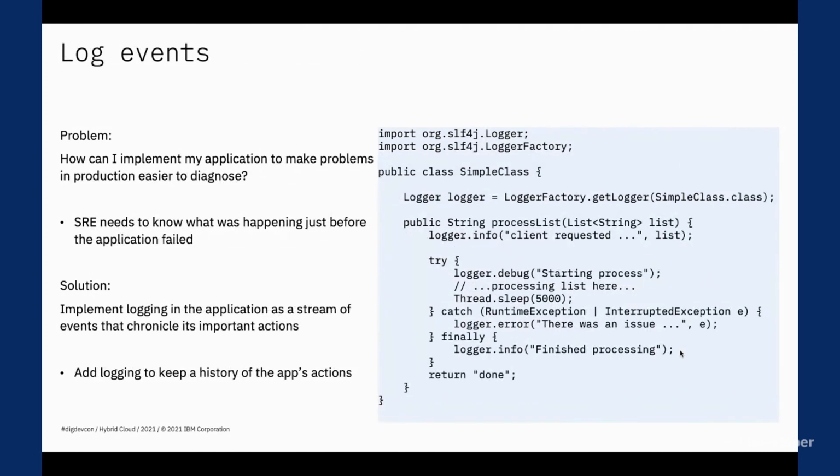And the last best practice is logging events. And so this is when your application has trouble in production. Then you look at the logs and try to figure out what it was doing and try to get an idea of what went wrong and therefore how to fix it. The way you do this is you're going to use a logging library.